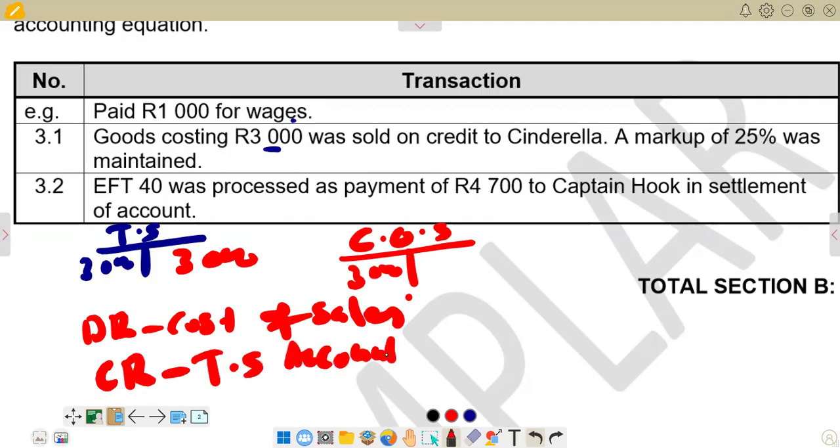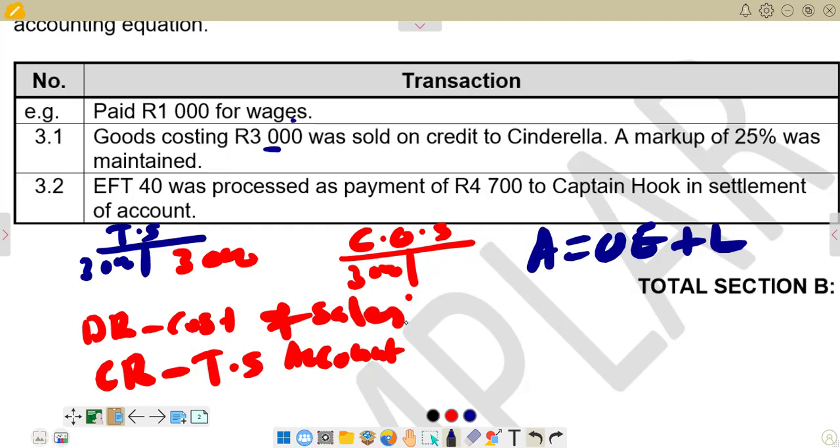So having identified the two accounts that are being affected, we also have to classify these two accounts in terms of our accounting equation, which says our assets equals owner's equity plus our liability.